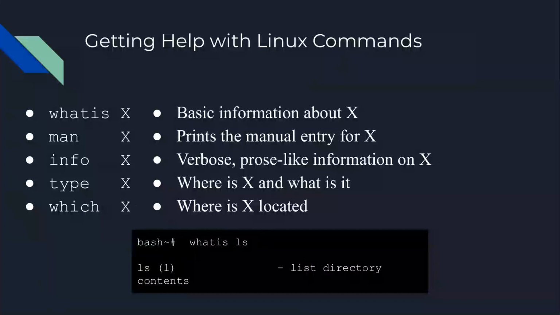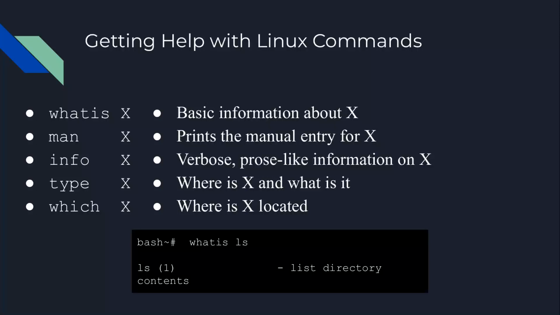The type command will tell you where that command is located and what it is. So essentially, it'll tell you where the command ls is located. Usually what that'll mean is it will say, okay, ls is a command. ls is located in /usr/bin/ and so on and so forth, and it is an executable file.